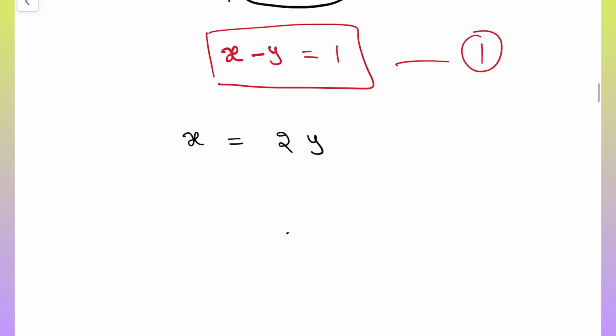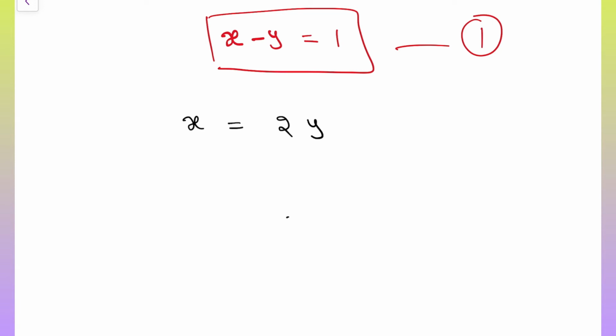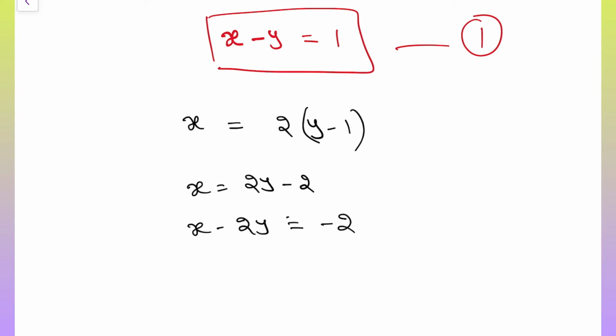Flowers we took as y, so one flower is left now, so y minus 1. Keep a bracket for this. Let us simplify this now. x is equal to 2 times y minus 2, 2 ones are 2, plus 2y I am taking to the right side. So we will get x minus 2y is equal to minus 2 as it is. So this is equation number 2.